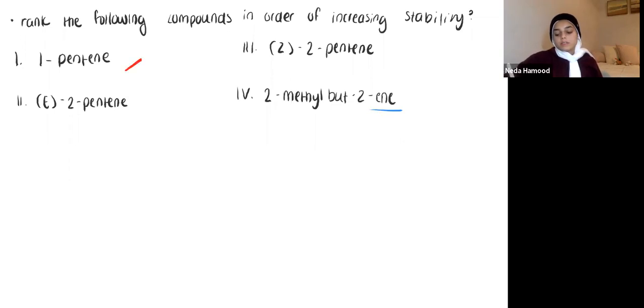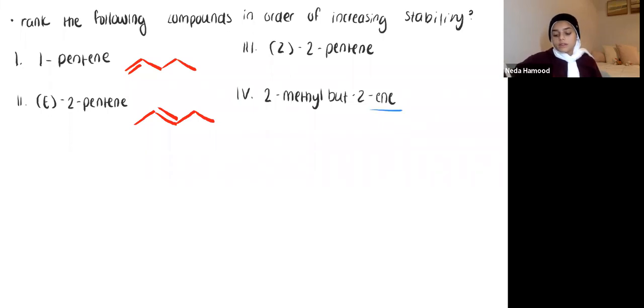So let's do 1, 2, 3, 4, 5. That's what that looks like. E means that we are going to have them on different priority sides. So then let's do 1, 2, 3, 4, 5, 1, 2, moving that way. Are they trans? Yes, they are.